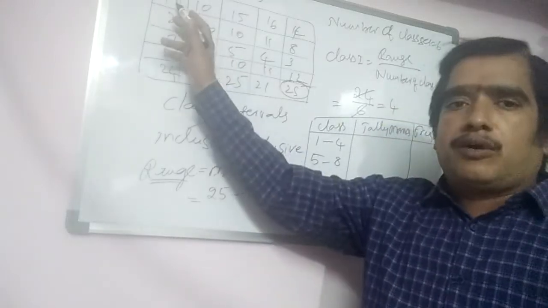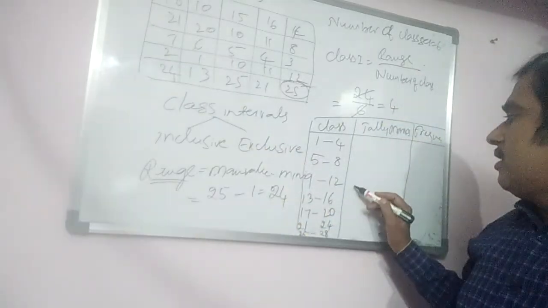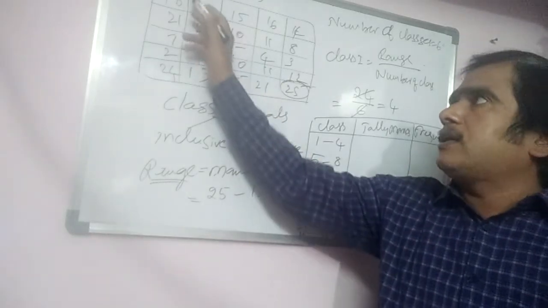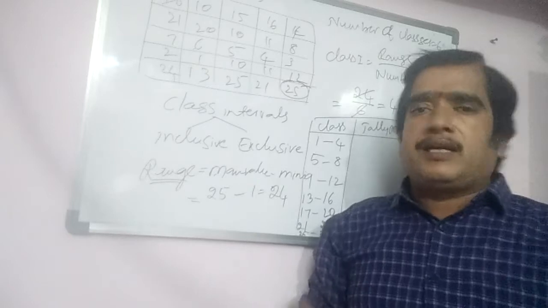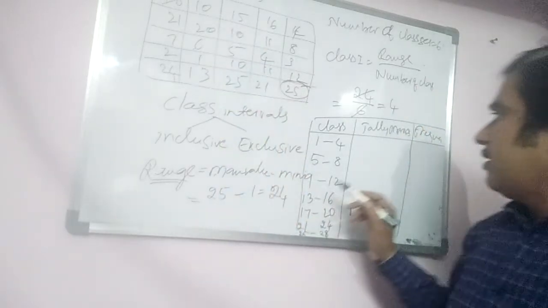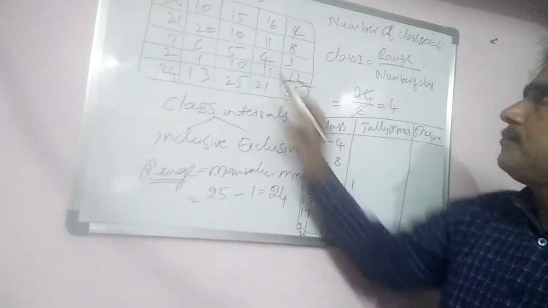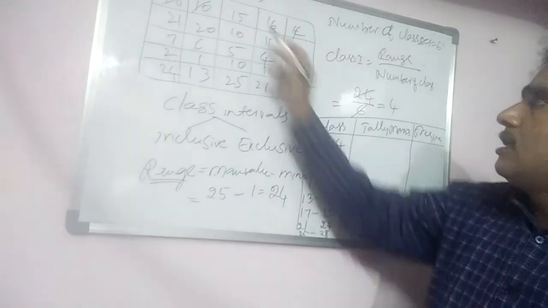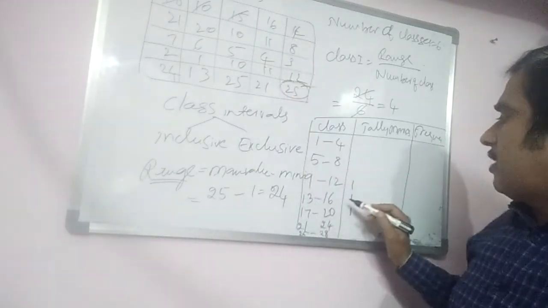So the first value is 18. At 17 to 20 you put 1 and cut that. 10 will come here, 15 will come in this, and 16 will come in this.